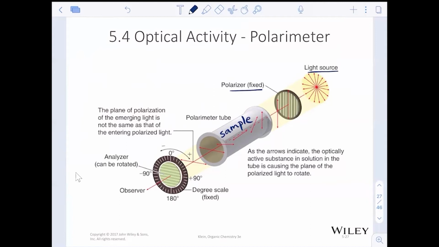And so what happens is the sample, notice how this is all rotating the plane polarized light. It's taking that vertical light source and it's actually bending it. The arrows are actually changing, and there's a degree, whether it's to the right or to the left, that can be analyzed. You have an observation ocular device that you can look through and then rotate and come up with an actual degree.